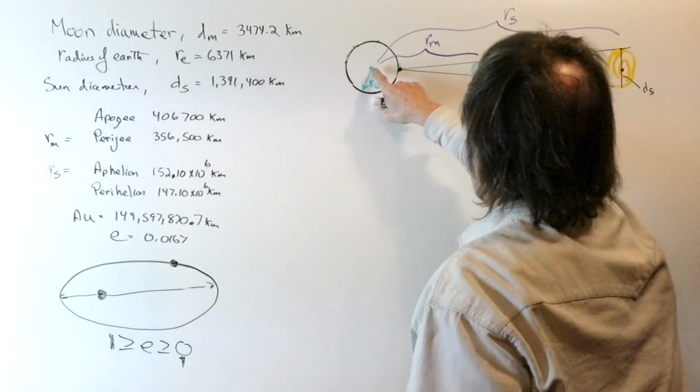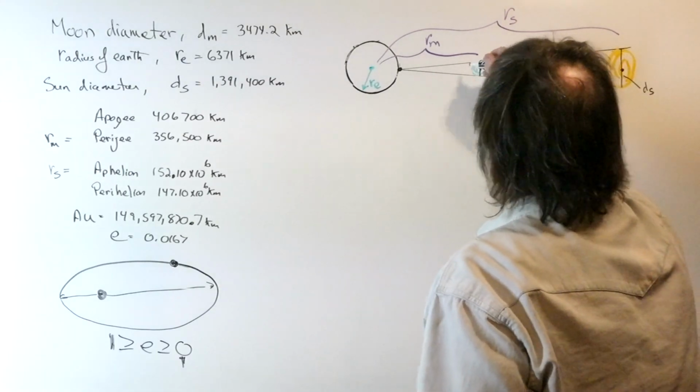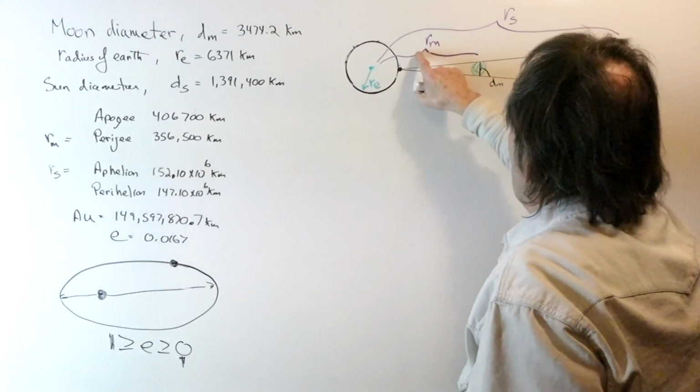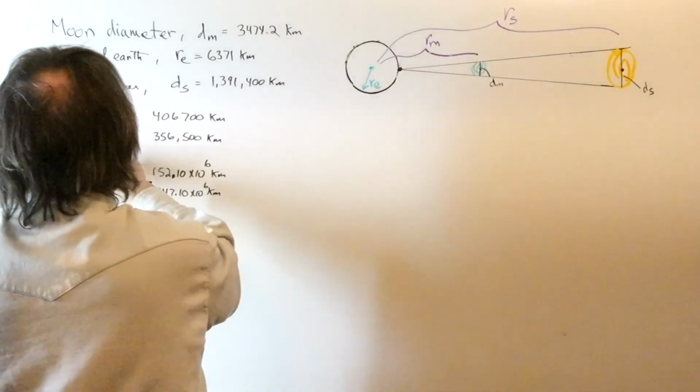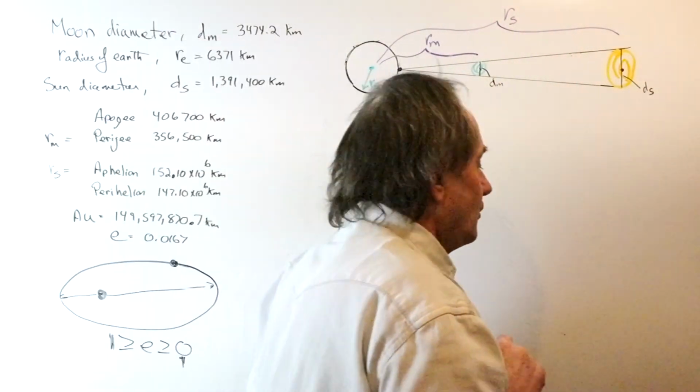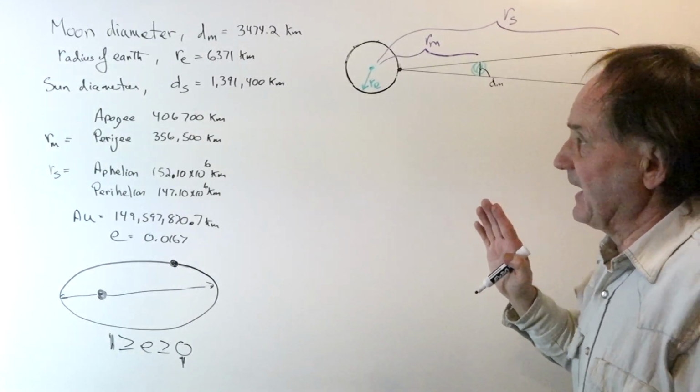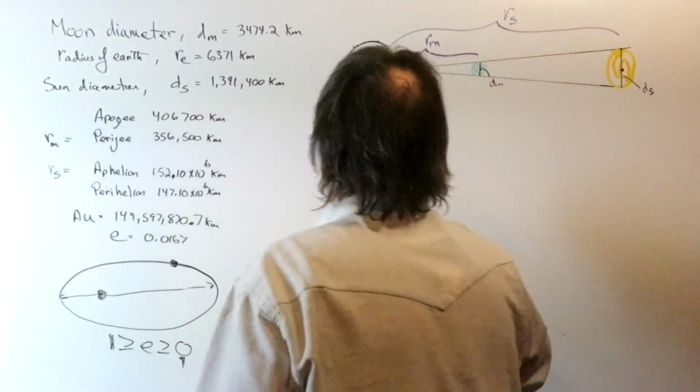And the distance from the center of the moon to the center of the Earth is RM, standing for moon, and we'll choose that to be the perigee. And the reason why I'm doing that is this is the worst case. Think about it for a moment.